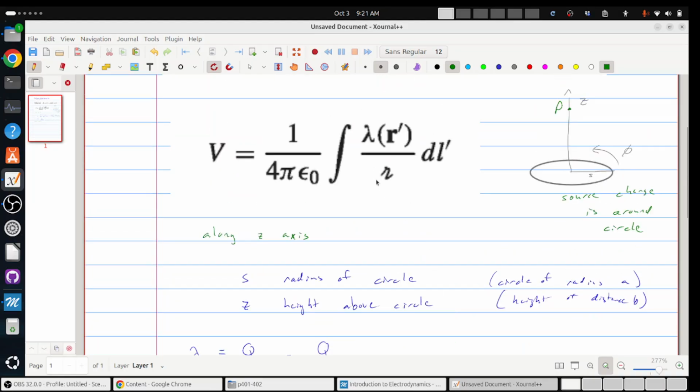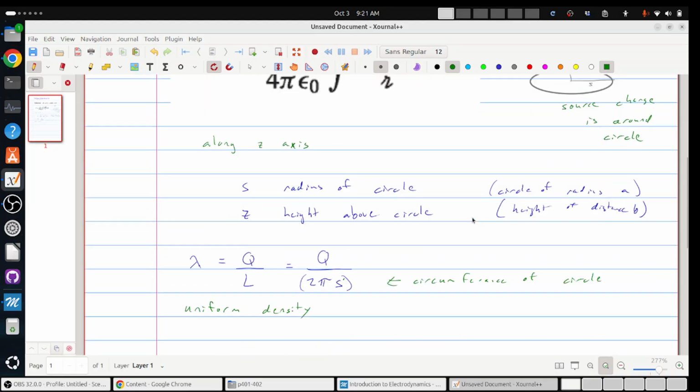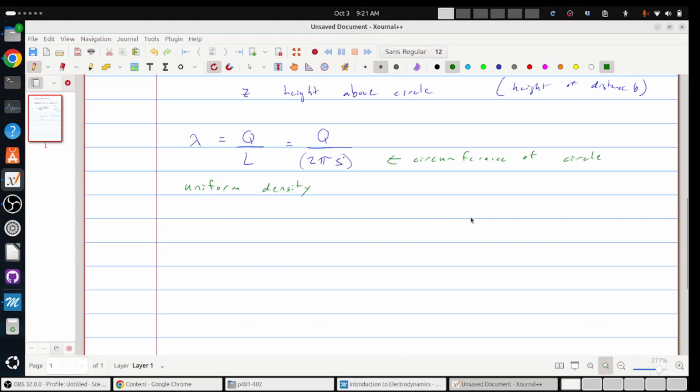Now I've got to figure out what my r is. My r, in terms of words, is the separation distance, looking at the field point versus the source charge.